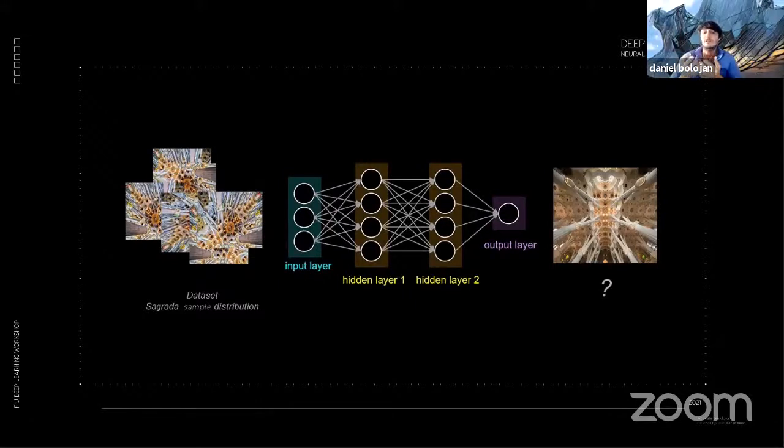So what that means is that the network has to learn somehow the underlying structure of what you give in. If I give a set of images of Sagrada Familia, somehow the network has to learn the underlying structure of those images and the composition and so on.